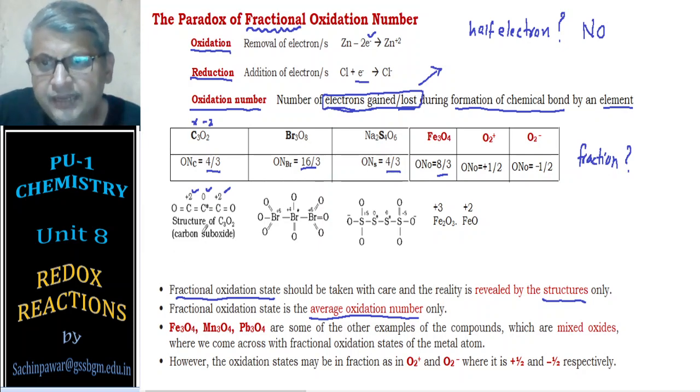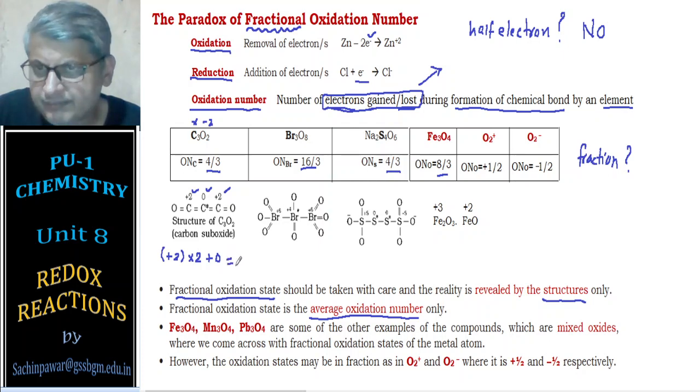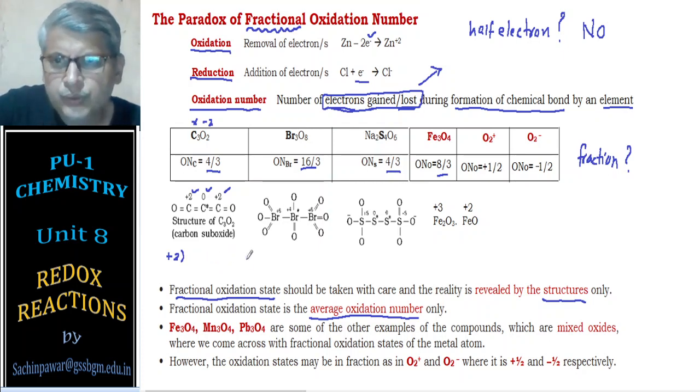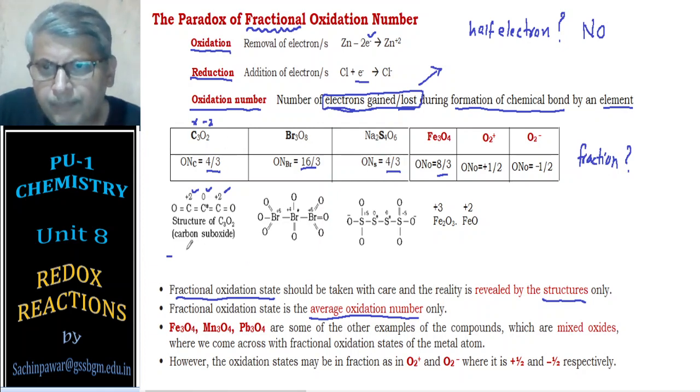Since we know the structure, we take the average: +2, 0 and +2, total becomes 4, but since there are 3 carbon atoms, the average would be 4 by 3.